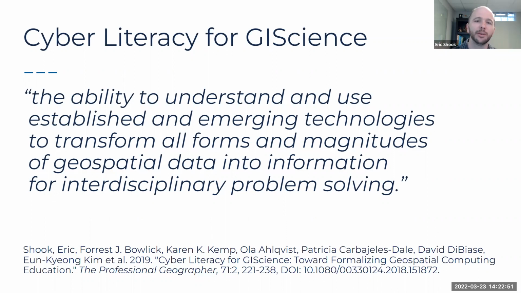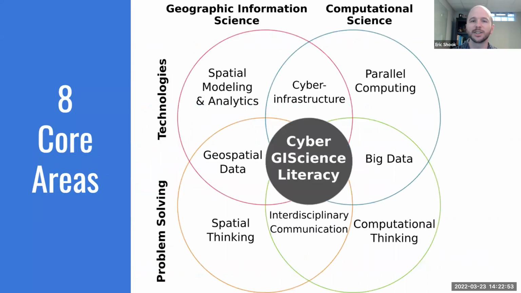So I'm very much a practical person that wants to understand what does that actually mean and how can I apply it. So in the publication, we outline cyber literacy for GIScience having 8 core knowledge areas. And they're arranged in overlapping areas situated in 2 scientific areas.